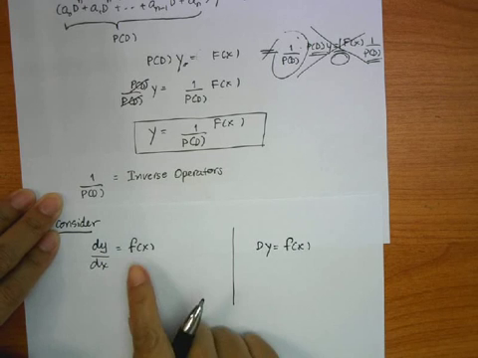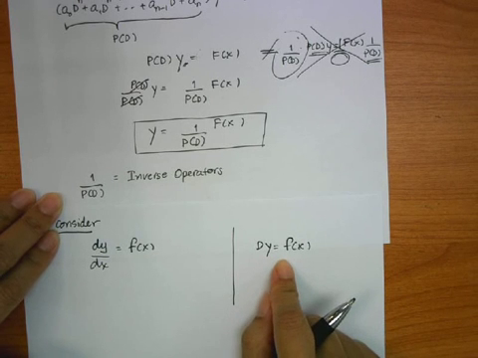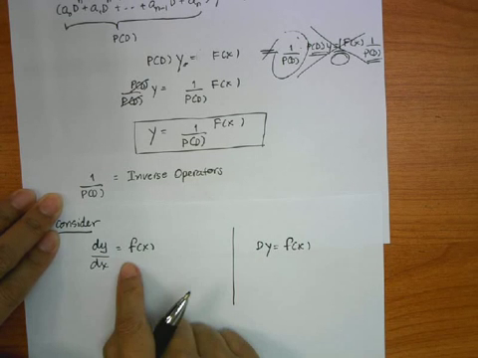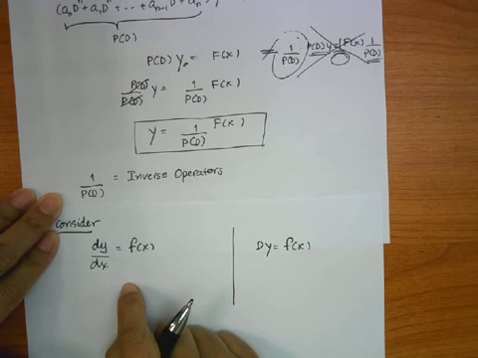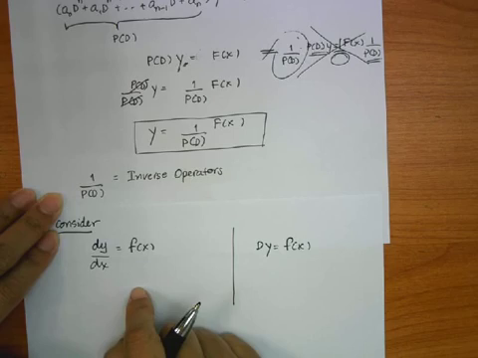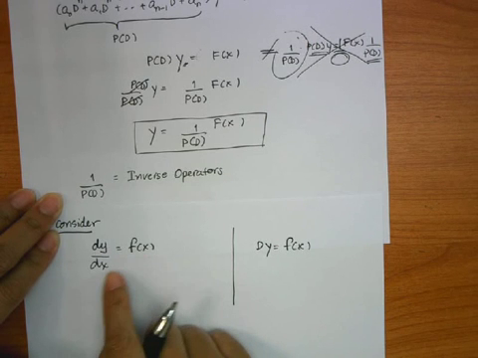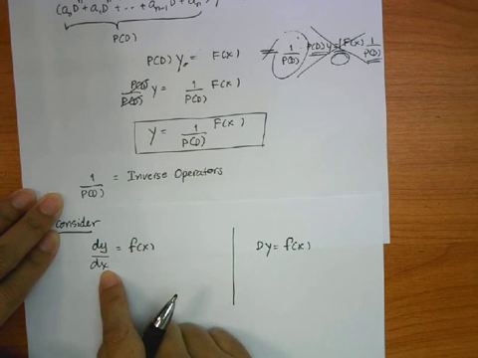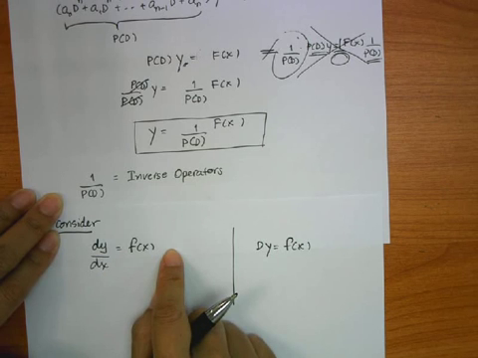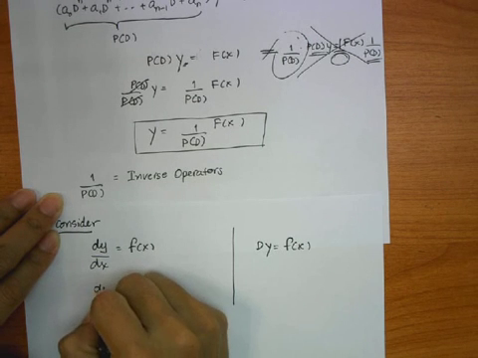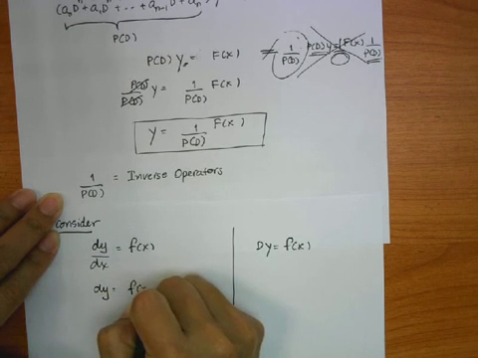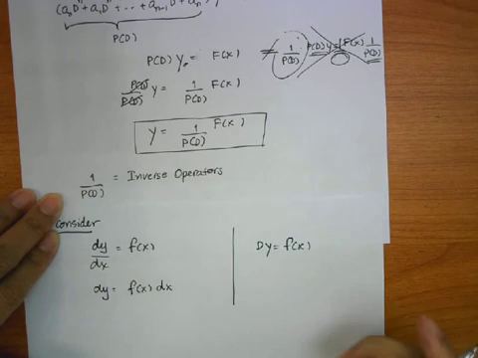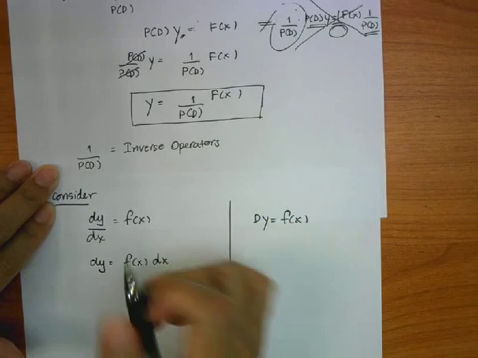This one and this one have the same meaning, right? Now, for this one you know the way to find the solution. You move dx to the right-hand side of the differential equation, and then to find the solution, you do the integral.